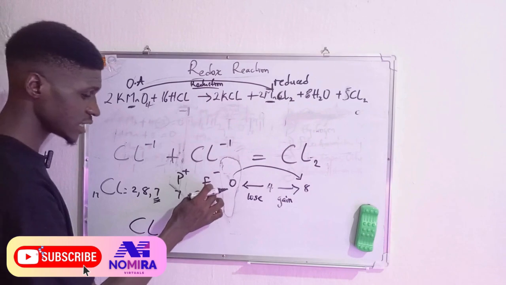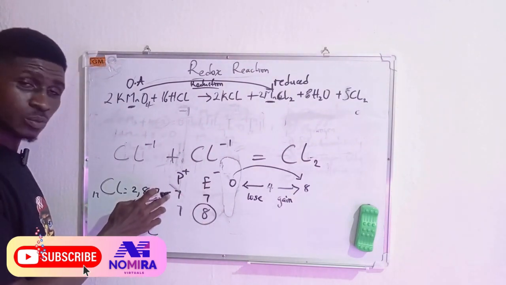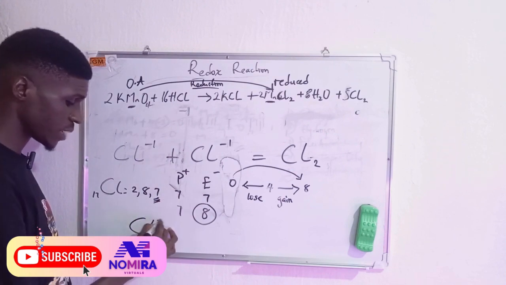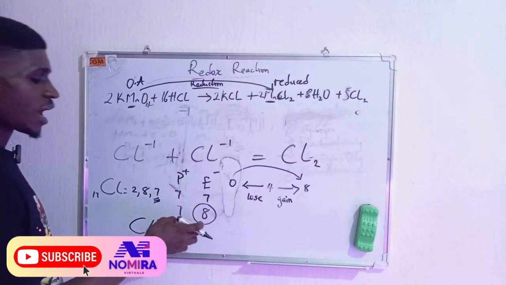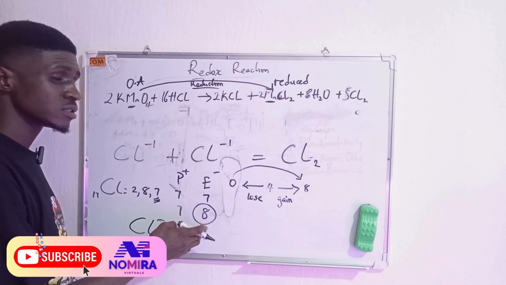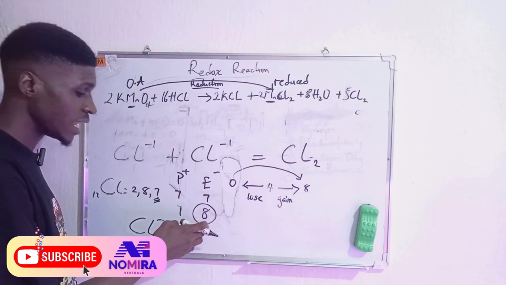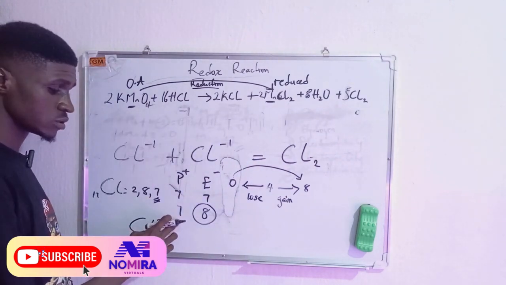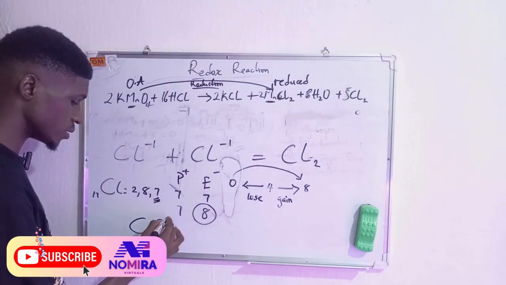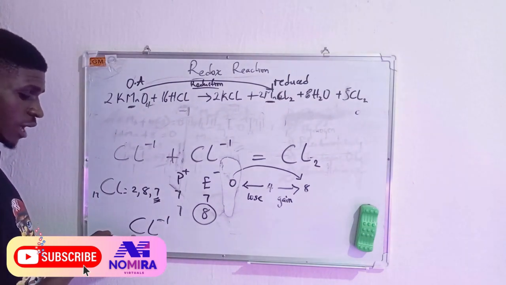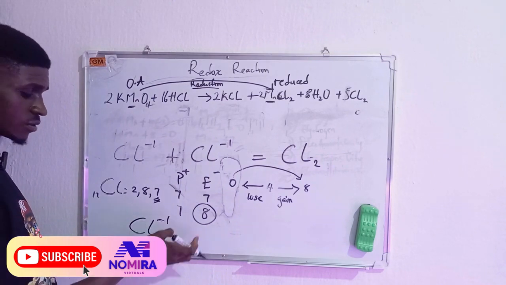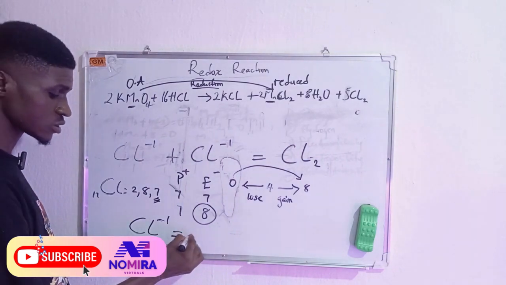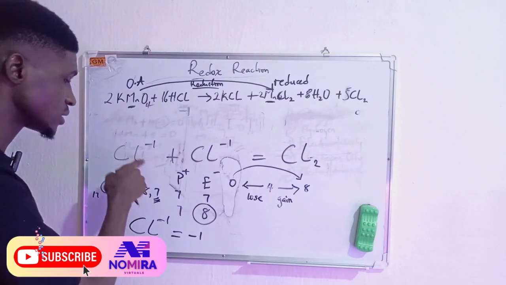For the fact that electron is now higher than proton, you will have to put minus. Then you ask yourself, how many numbers is electron having more than the proton? You just see that it is only 1. So the ionic state is just chloride ion, but the oxidation state is just minus 1. Okay, this is what we have here.